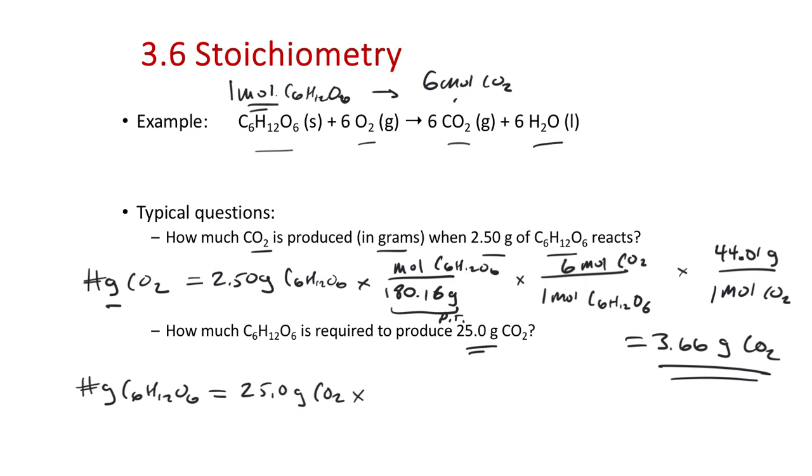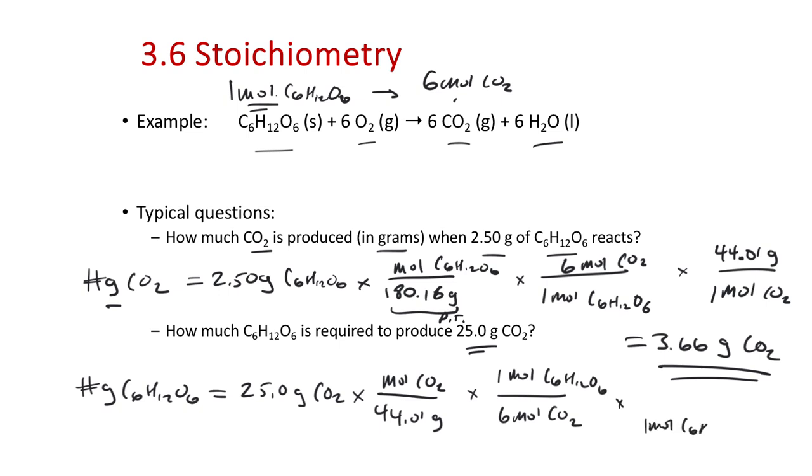Well, we just do the same conversions to moles, so 44.01. Use the coefficient: 6 moles of CO2 present in ratio is formed from the reaction of 1 mole of C6H12O6. Same molar mass to go back to grams.